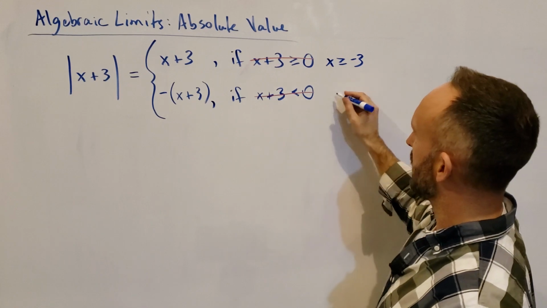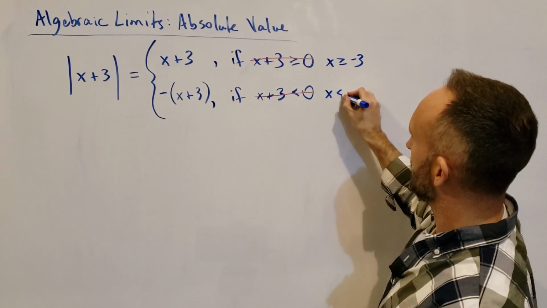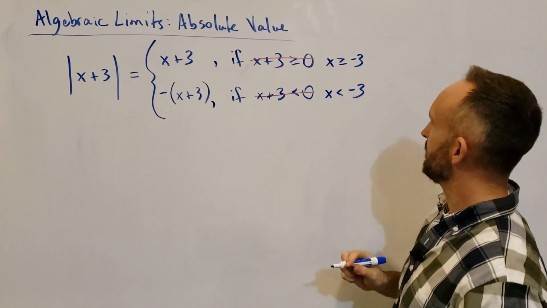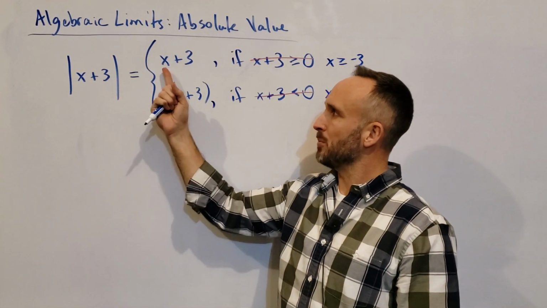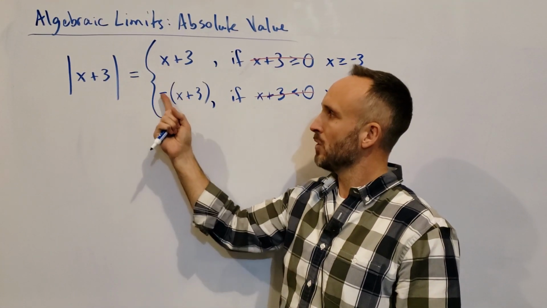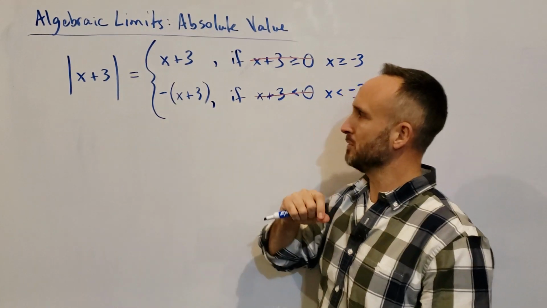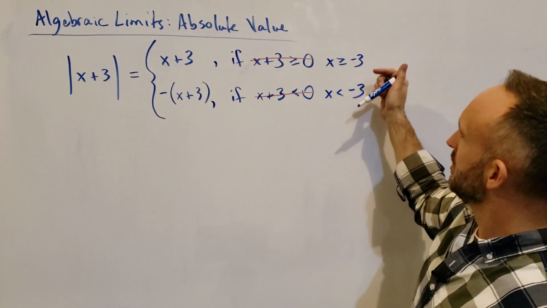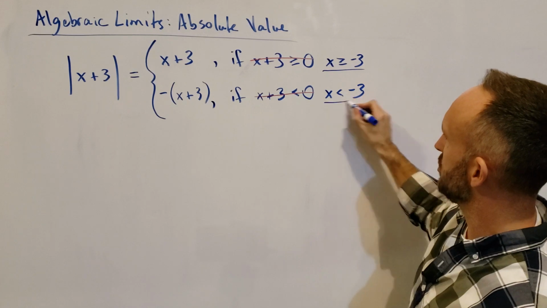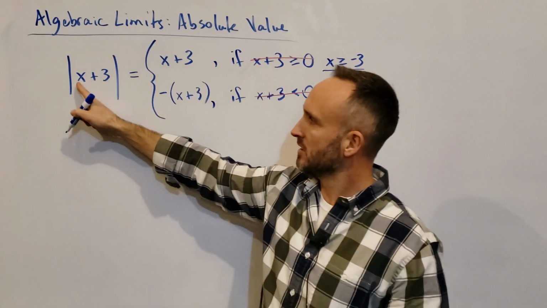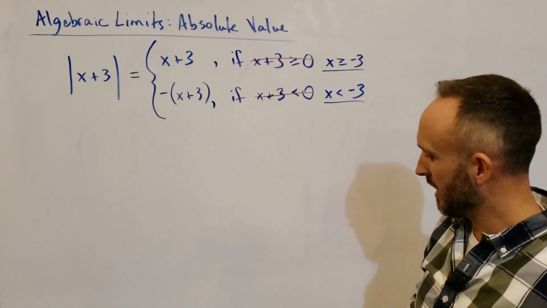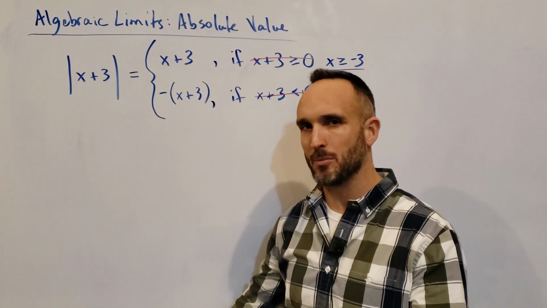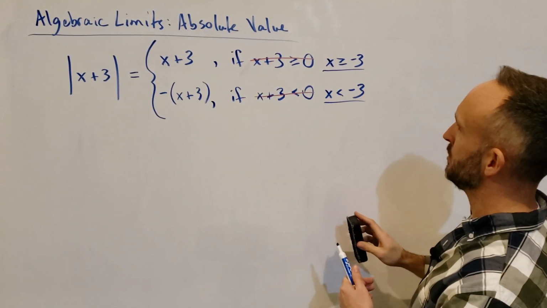And here, if I subtract 3, it would be x is less than negative 3. And so the absolute value of x plus 3 is either going to output what's inside the absolute value or the opposite of what's inside the absolute value based on the value of x that you want to substitute into the function, okay? So keep that in mind as we work through a limit example of how this can be valuable for us.